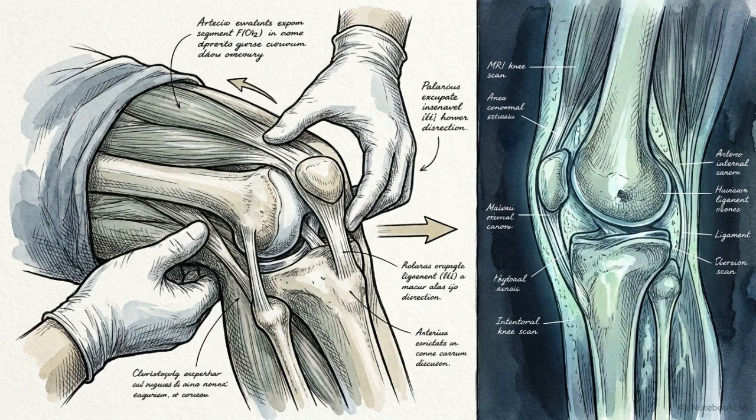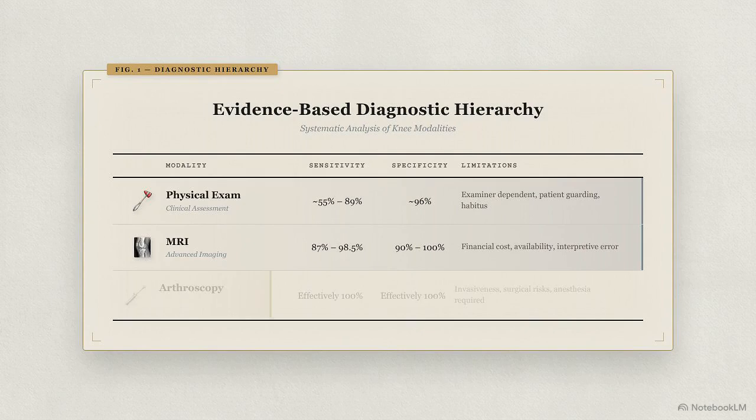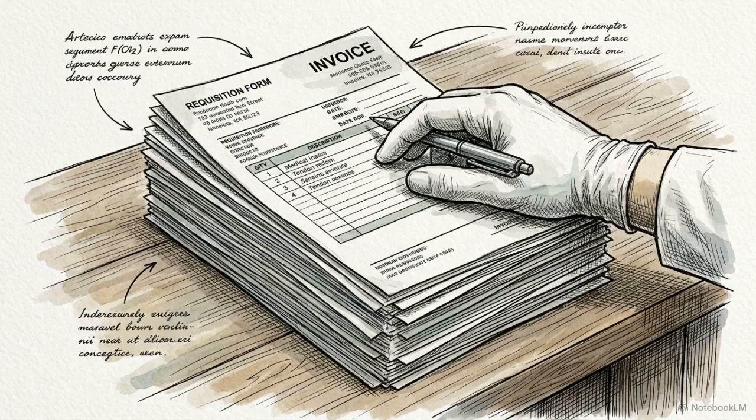A meticulously performed clinical examination rivals, and in specific contexts, surpasses advanced imaging in diagnostic accuracy. We will systematically analyze the statistical data behind the physical exam, MRI, and arthroscopy to build a definitive, evidence-based diagnostic hierarchy. Over-relying on costly imaging without applying clinical skills weakens diagnostic outcomes and resource management.